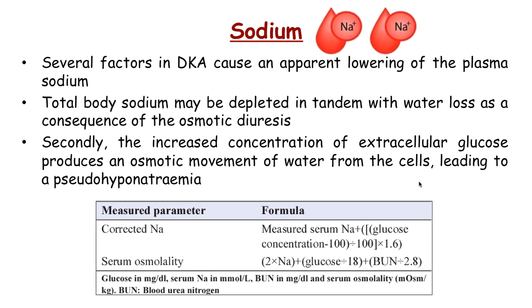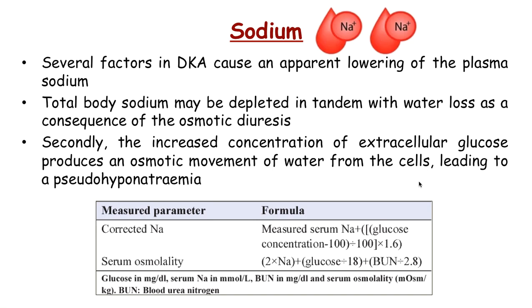Another important ion which you have to take care of in these patients is sodium. There are several factors in DKA which will cause apparent lowering of the plasma sodium level. The total body sodium may be depleted because these patients are having diuresis, so some amount of sodium may be lost with this diuresis. But secondly, and more importantly, the increased concentration of extracellular glucose will pull water into the intravascular compartment, leading to a situation of pseudo hyponatremia.